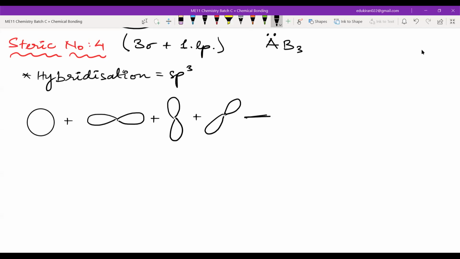Now, all of these will be mixing, and they will be forming like this. We have seen the sp now. Wait a second. Just write these parts.